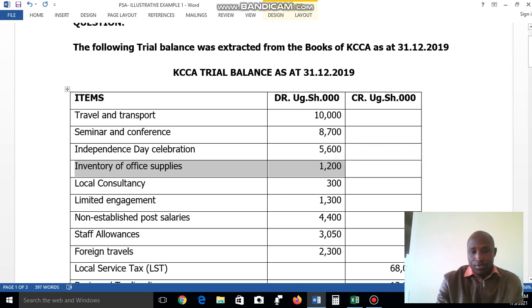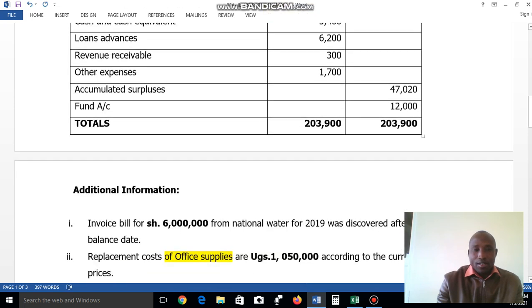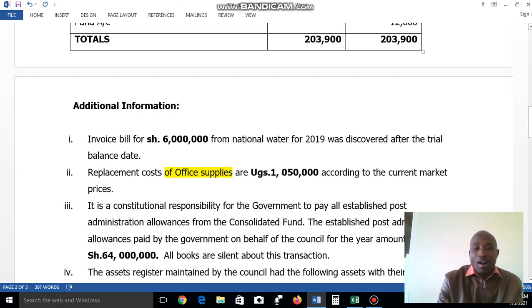Now the question is, why is it that in the additional information there was, because now you have an inventory worth that, and in case you want to go to the market and buy the same stock, you'll be spending 1,050,000.